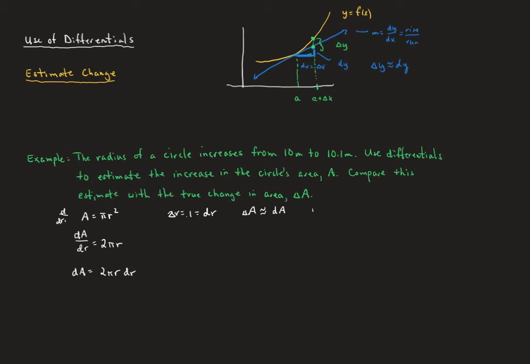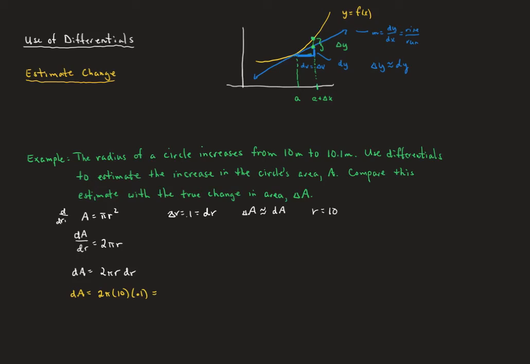Now the value of r is that nice value that we knew from the beginning, that's the 10. So we can now plug this in to our differential and say that the differential of the area is 2 pi times the radius, which is 10, and we said the differential of the radius, dr, is 0.1.